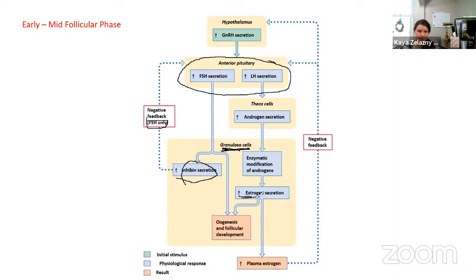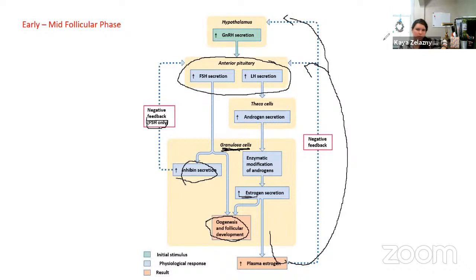Estrogen is causing the follicles to develop and go through basically that first half of meiosis. So we're maturing those oocytes. Because we've made estrogen, it's getting into the plasma. Plasma estrogen increases, and the increase in plasma estrogen acts as a negative feedback loop on the secretion of both FSH and LH, as well as gonadotropin releasing hormone, but we're not that focused on that.